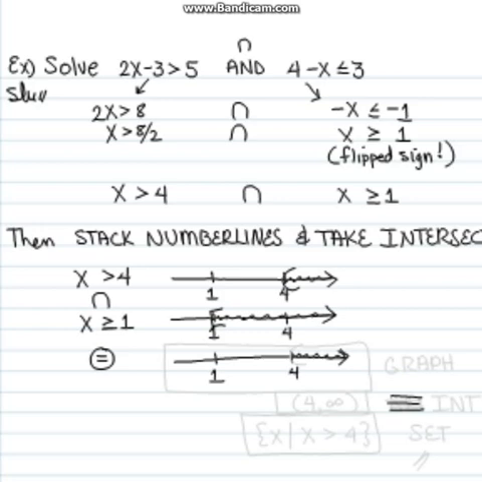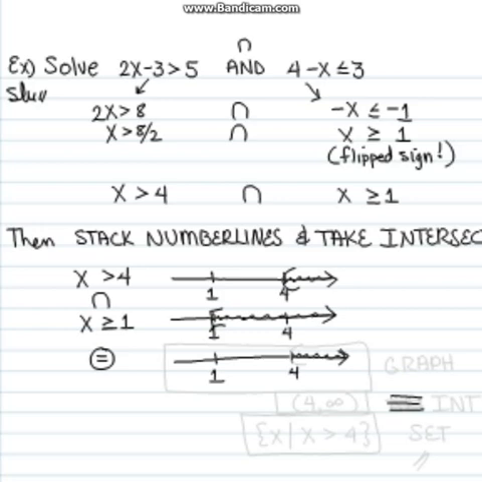Last question now. Is the number 4 going to get a round bracket, meaning we exclude it, or a boxy bracket, meaning that we include it? Well, let's look at the top. In the top set, was the number 4 included? Well, let's see. It's a round bracket. There's a round bracket on 4 because we have x greater, not greater than or equal to 4. We have just greater than 4. So that means 4 is excluded in the top set.